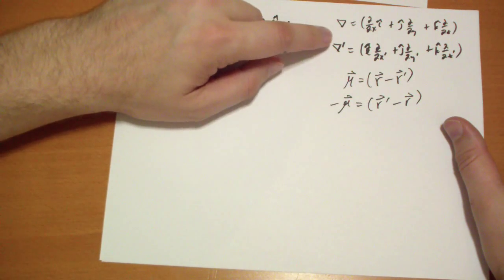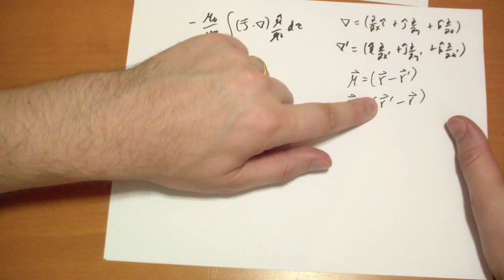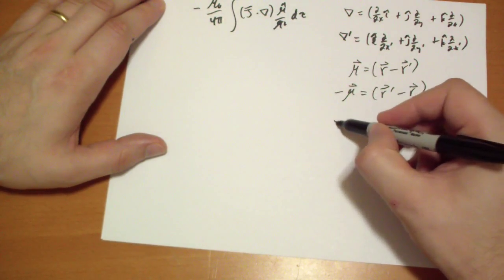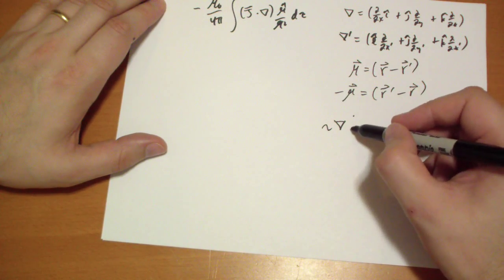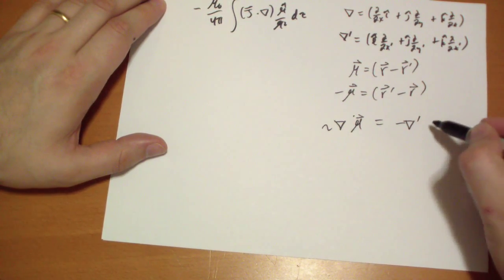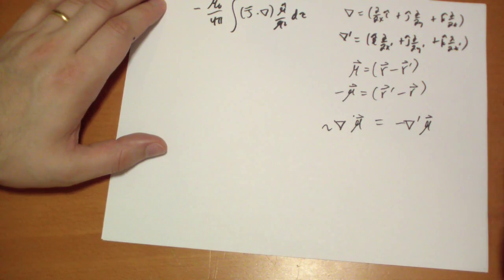They're going to be equivalent. So we can say that del operating on r vector is going to be equal to negative del prime acting on r vector.